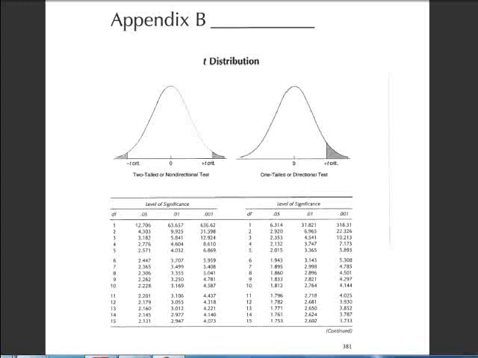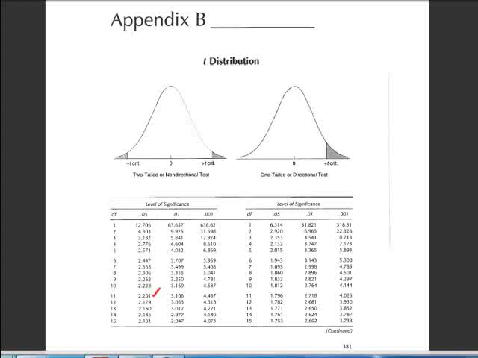What is your critical value? Hopefully you were able to move over to the left-hand side of the page because it's a two-tailed test, and you found a significance level of 0.05, and our 11 degrees of freedom gave us 2.201.